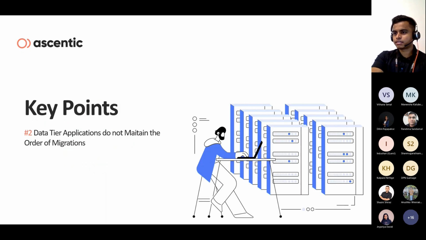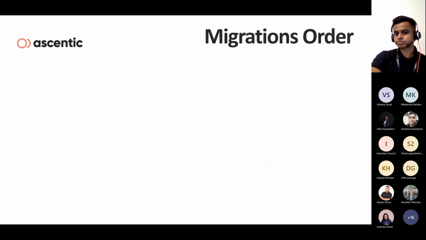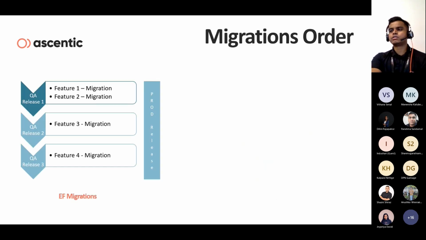The next element is that data tier applications do not maintain the order of the migrations. Let's assume you have to deliver a set of features in one single production release. This production release may have multiple QA releases, and in each QA release you may be releasing a different set of features.